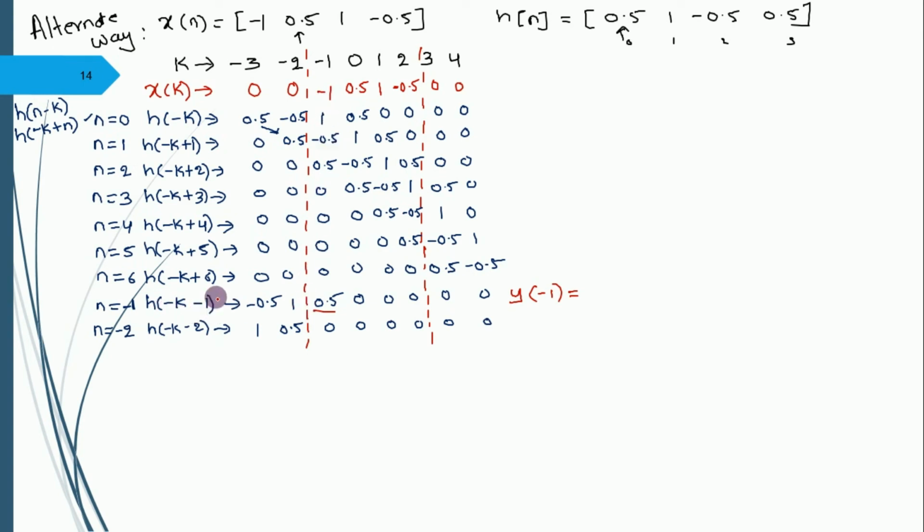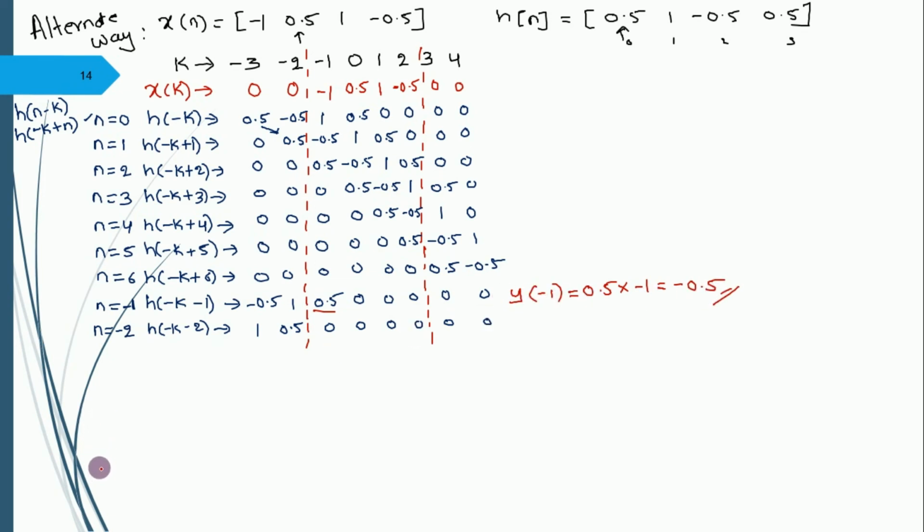I have to multiply whatever comes in this particular window, because if you go over this window, x of k is 0. So I'm multiplying only this value, because here everywhere it is 0. 0.5 into minus 1 will result in minus 0.5. This is the value of y of minus 1.